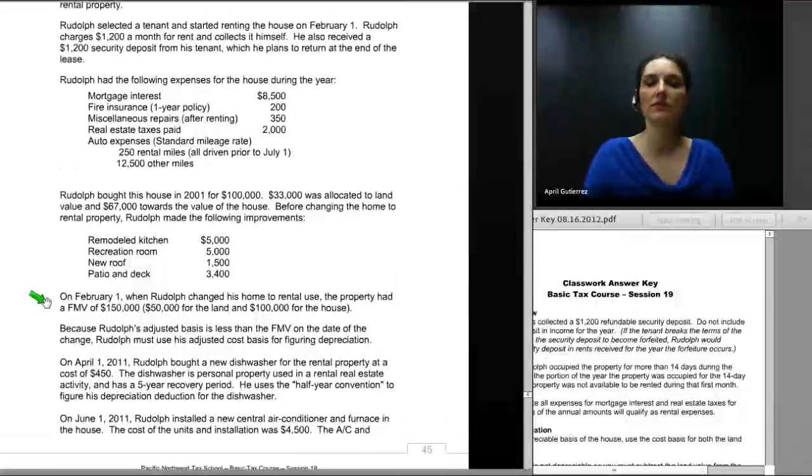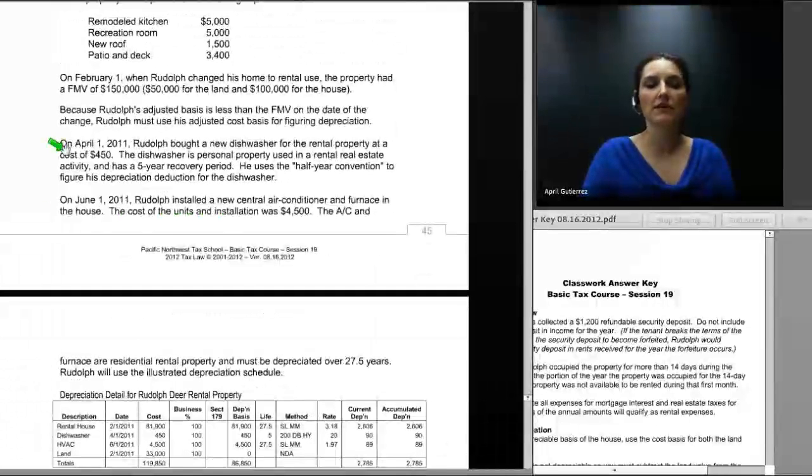So when we convert personal use property to business use, the cost basis that Rudolph uses is the lesser of fair market value or his cost basis on the date of the conversion to business use. So he paid $100,000 for the house, and on the conversion date it's $150,000. Therefore, we're going to go with his cost basis plus the cost of improvements. On April 1st, 2011, Rudolph bought a new dishwasher for the rental property at a cost of $450.